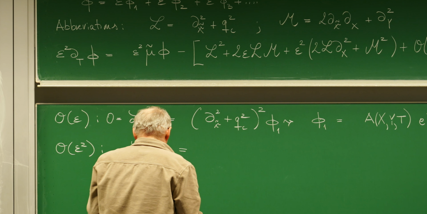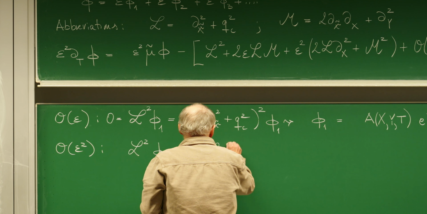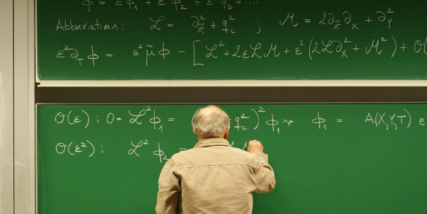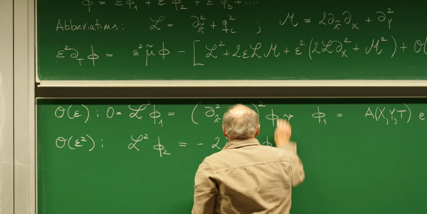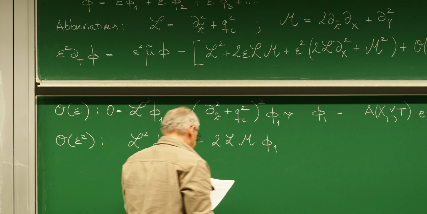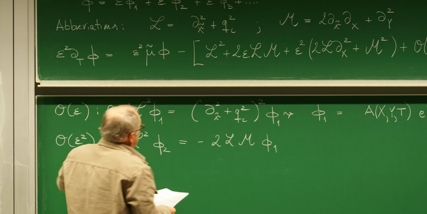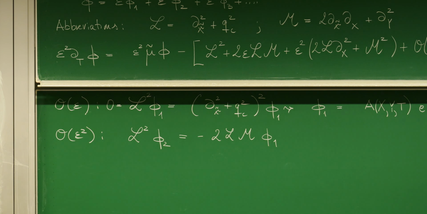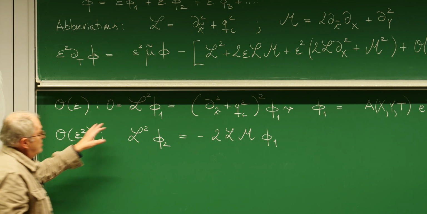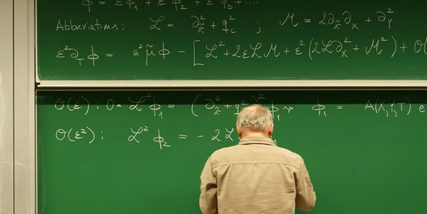Right, so we have that this is equal to minus 2L m phi 1. Okay. Well, and that's also 0 because we know that this L acting on phi 1 is 0.